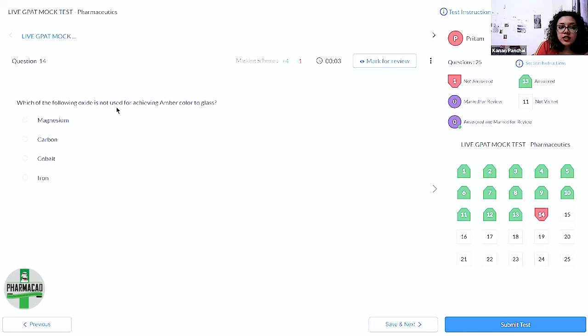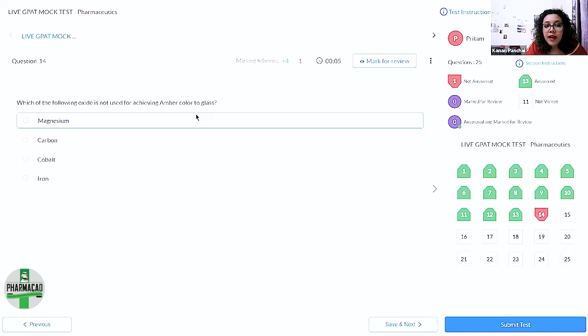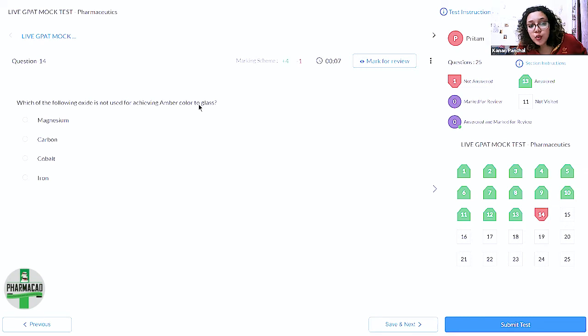Which of the following oxides is not used for achieving amber color in glass? Anuja?